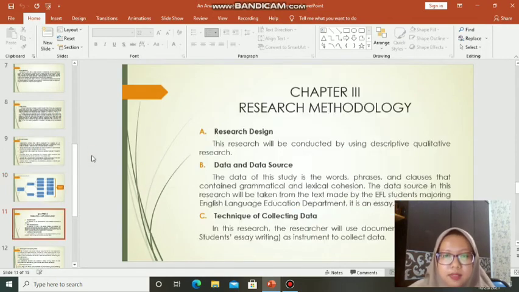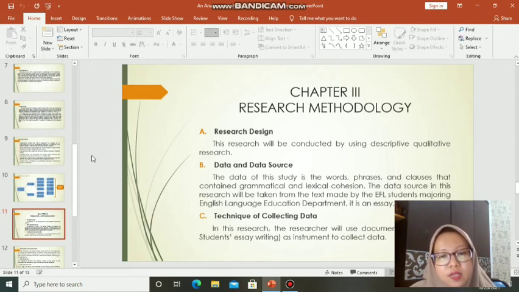Okay, next is chapter 3, research methodology. Research design. This research will be conducted by using descriptive qualitative research. And then the data and data source. The data of this study are the words, phrases, and clauses that contain grammatical and lexical cohesion.